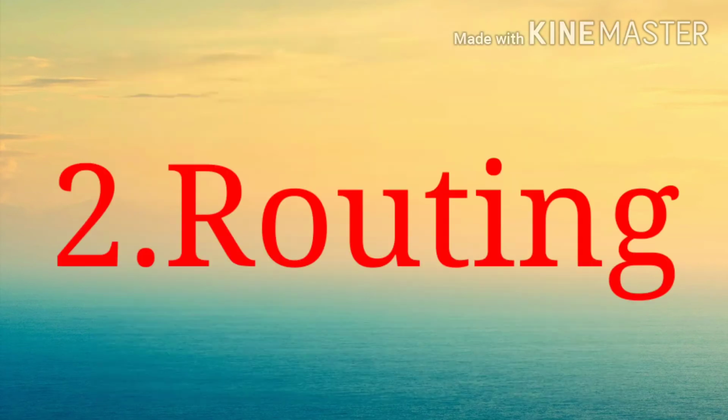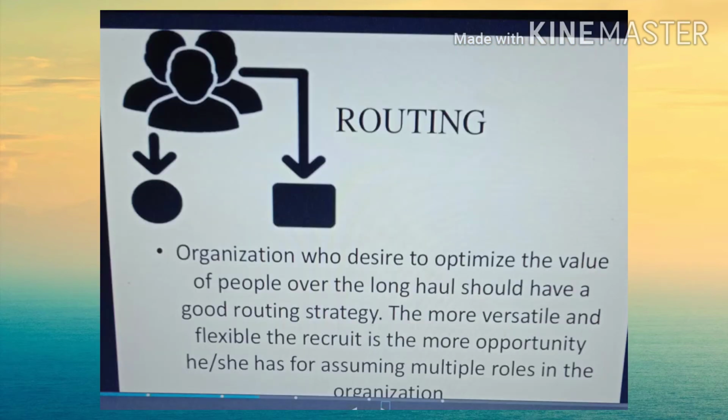The second of the 8 R's of human resources is routing. Organizations who desire to optimize the value of people over the long haul should have a good routing strategy. The more versatile and flexible the recruit is, the more opportunity he or she has for assuming multiple roles in the organization.